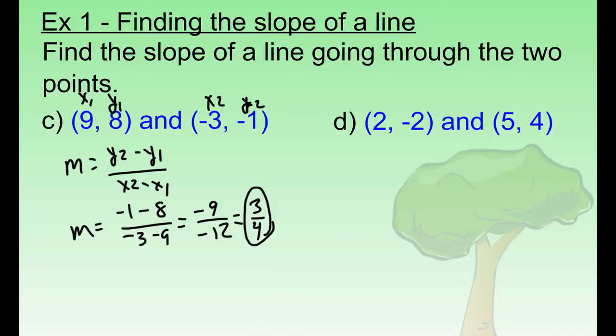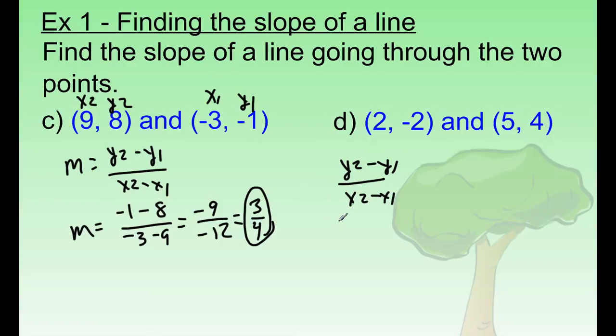Another thing I want to mention here, since we're talking about slope, and it's good to know all the little details, it actually doesn't matter if you call this point 1 and that point 2. If I would switch these two, and I'm going to show you here, if I would call this x1, y1, and x2, y2, I'm actually still going to get the same answer. I'm still going to get 3 over 4. Watch. y2 minus y1 over x2 minus x1.